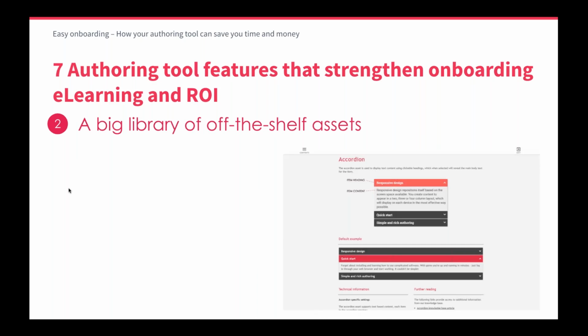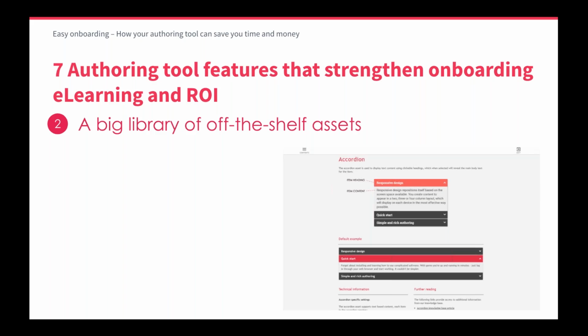The next thing is, again, this idea of speeding things up. Look for a tool that has a wide range of interactions and asset types, because you don't want to be creating those from scratch each time. Particularly, you don't want to have to become a skilled programmer or employ developers within the L&D team just to put together these interactive elements.